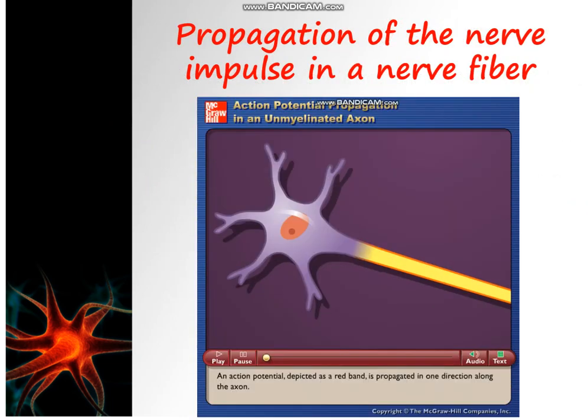First, let's study the direction of the nerve message in a neuron. This is a non-myelinated neuron. This is the cell body, the nucleus, and the dendrites, and the yellow part of the neuron is the axon. Let's notice the direction of propagation of the nerve message.